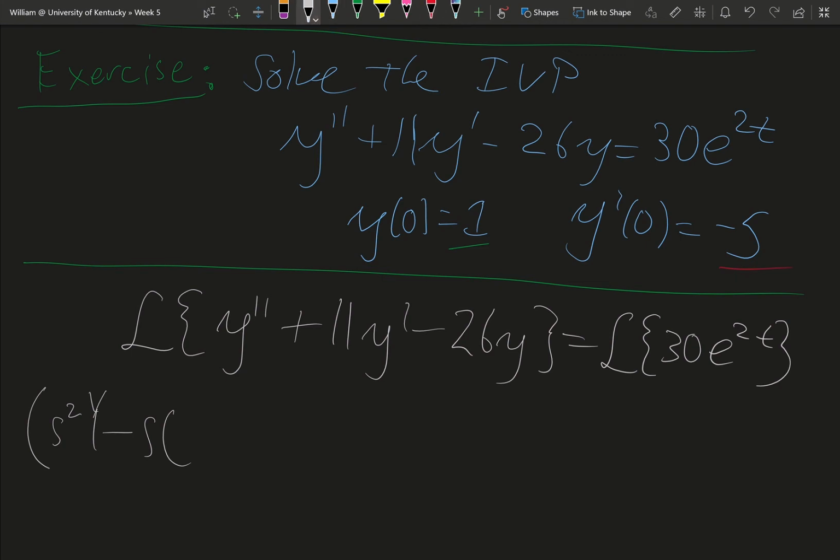So here I'm just going to plug them in. So minus s times y of 0, which is 1, and then minus y prime of 0, which is negative 5. So just using colors to show where those numbers are coming from. s times y plus 11, s times y minus, again, y of 0.